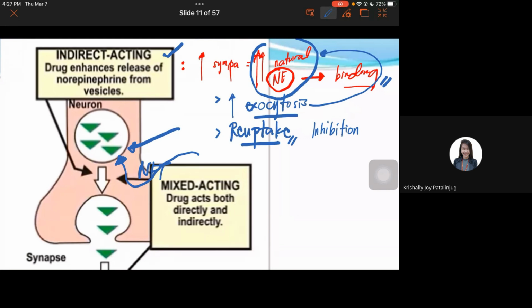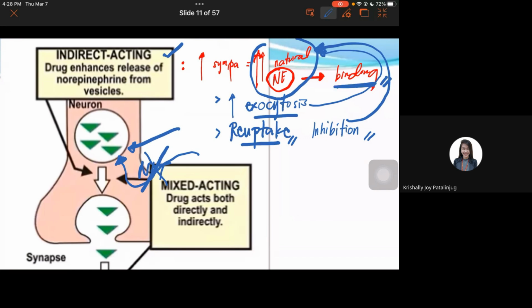So yung gagawin ng mga indirect acting sympathomimetics, pwede din via reuptake inhibition. Pipigilan nila or ibablock nila yung NET, yung reuptake process, thus enhancing the level of norepinephrine in the cleft.